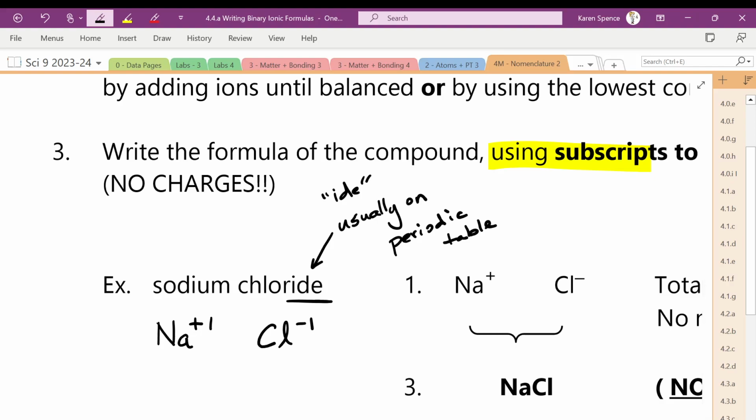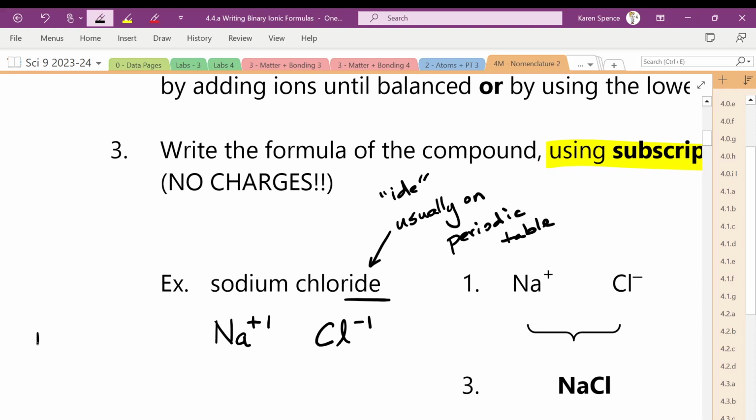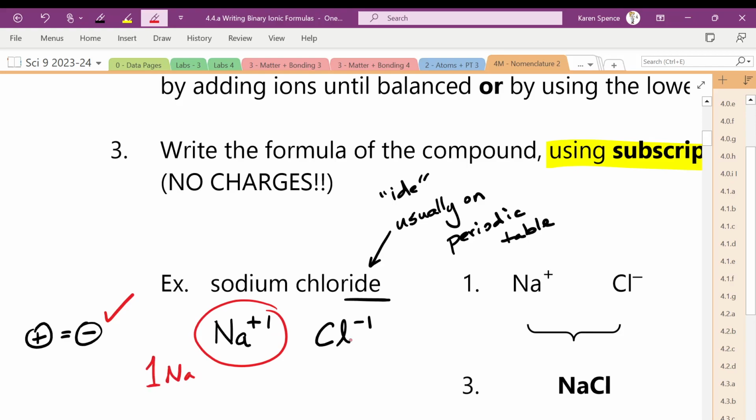Now remember, we need to make our total positive equal our total negative. Do these two equal at this point? Yes, they do. So I don't need to do anything fancy here. I've got 1 sodium and I have 1 chloride.